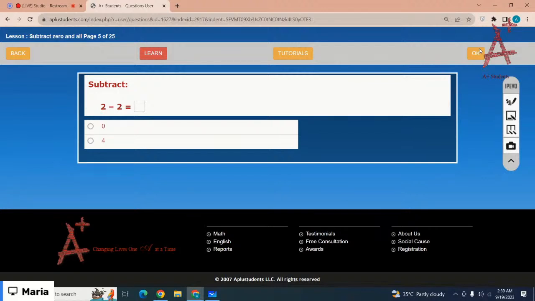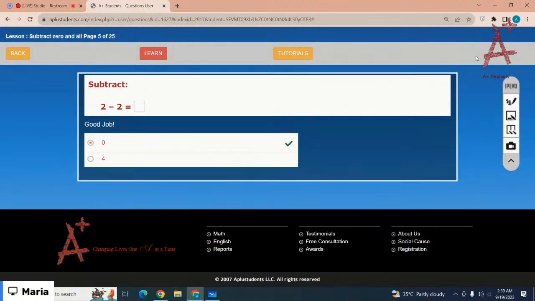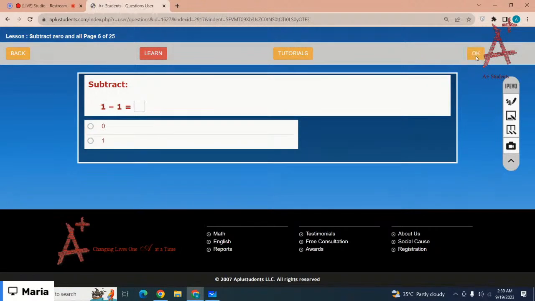2 take away 2, subtracting a number from itself makes 0, right? 2 take away 2 is 0. 1 take away 1, which is the correct option? Subtracting a number from itself makes, yes, that would be again 0.